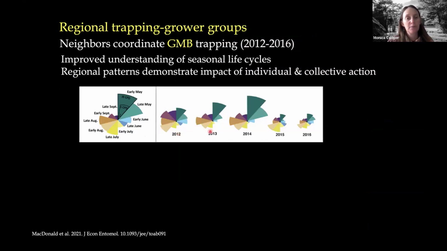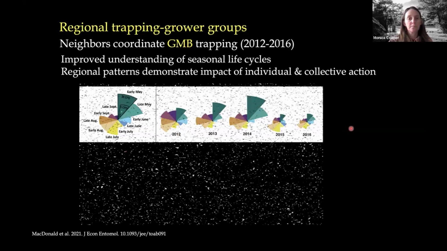This is just a different way of looking at it, but you can see here the difference between years and the size of the flight. So the number of total males that were caught, and then also that peak in early May, and then looking at the second flight here in late August and early September.